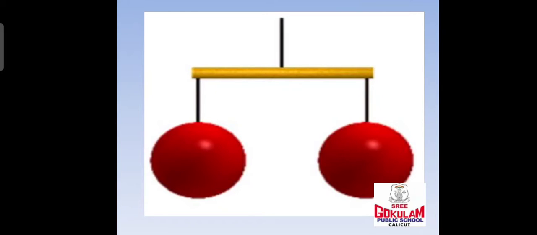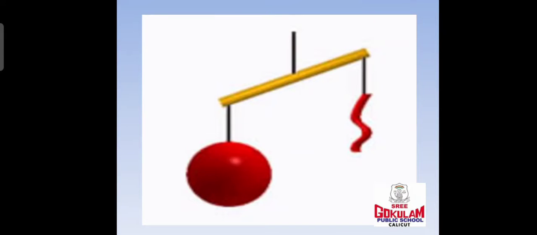Make sure both ends of the scale are at the same level. Now prick one of the balloons carefully so that all the air escapes. The end of the scale with the balloon filled with air will come down. It contains air and is therefore heavier. This shows that air has weight.